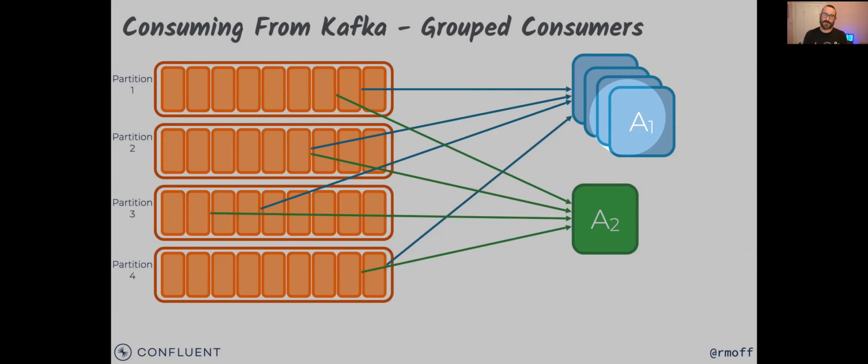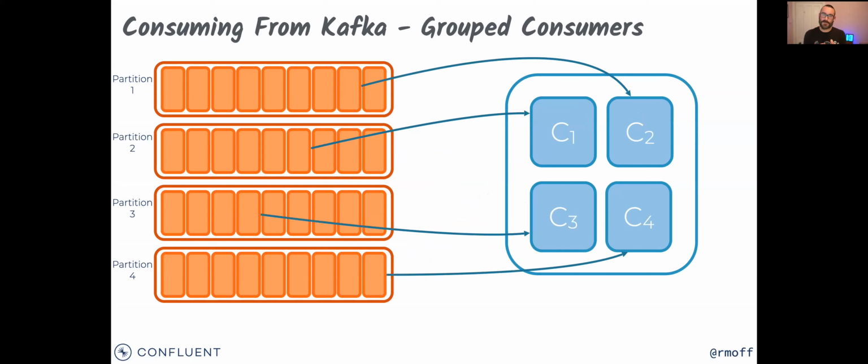So this is called a consumer group. Within a consumer group, so here's A1 zoomed in, we've got 4 different consumers within that. Kafka will manage the allocation of the partitions. So in this case, we've got 4 partitions and 4 consumers within the consumer group. Each partition is allocated to 1 instance of that consumer.